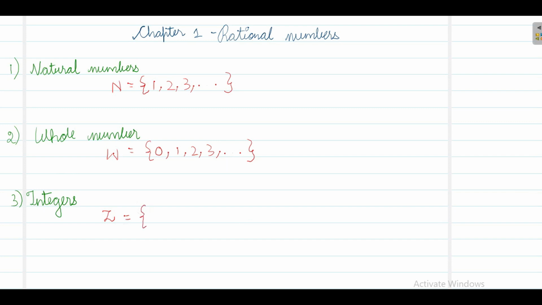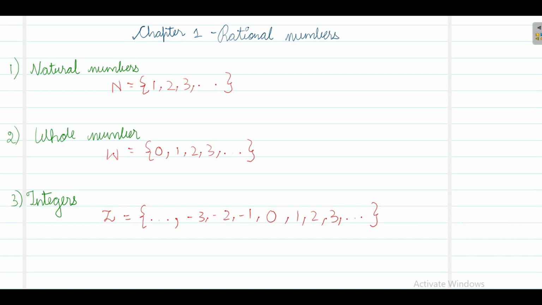We write it as minus infinity to minus 3, minus 2, minus 1, then including 0, 1, 2, 3, the positive numbers coming in till infinity, right? So these are the basic 3 number systems which we have learned so far, right?